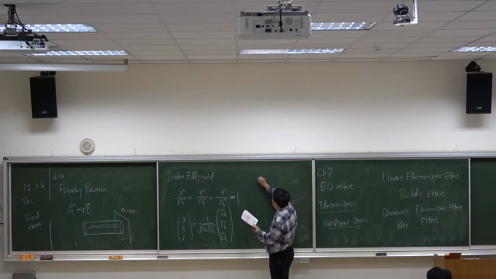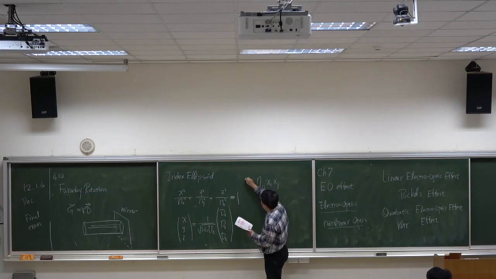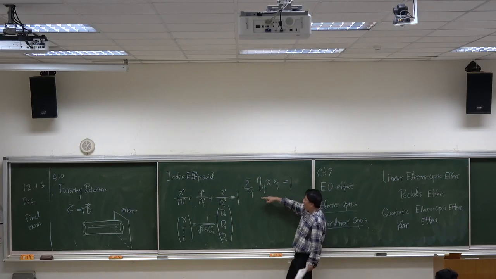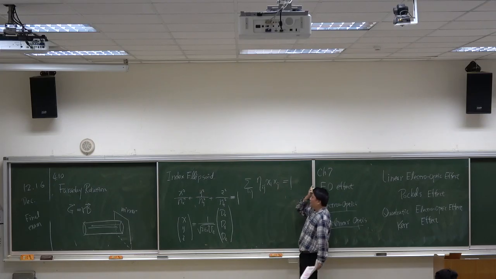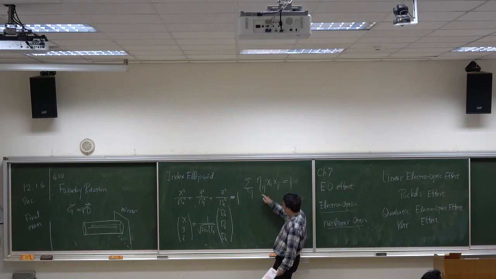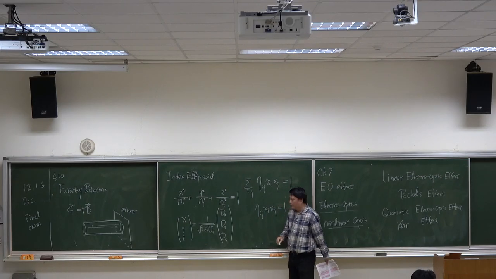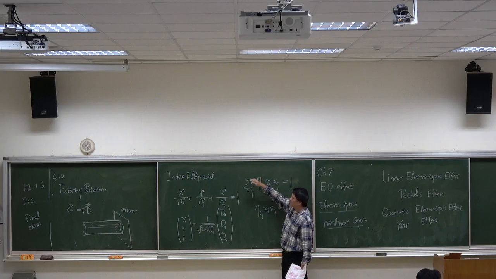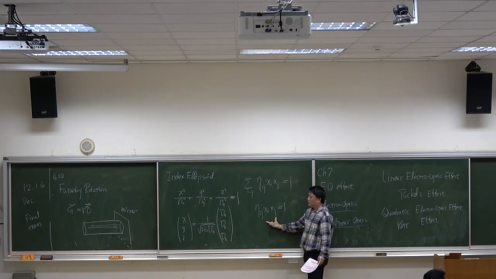This equation in general can be written as eta ij times xi times xj, sum over ij, equal to 1. j runs from 1 to 3, and i also runs from 1 to 3. 你也可以用爱因斯坦 convention 把这个 summation 符号省略掉，直接写成这样。Use the Einstein convention, we can ignore the summation notation and just write the result like this.